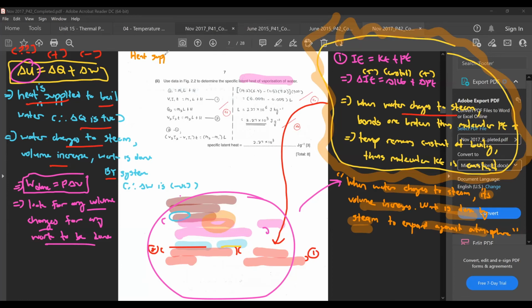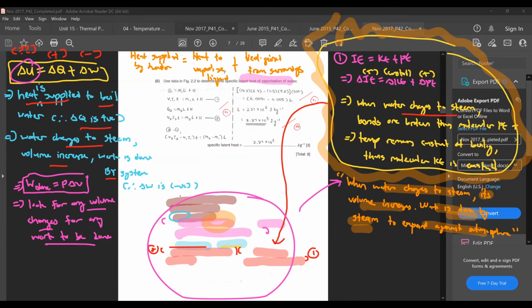Heat supplied by heater is equal to heat gain, which is equal to heat to vaporize liquid plus heat gain from surroundings.